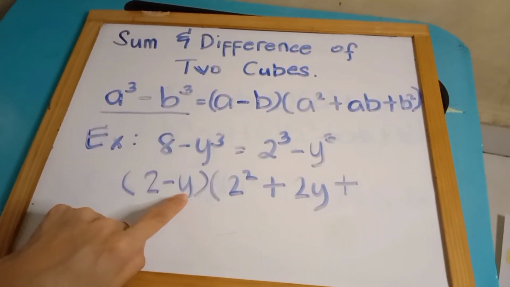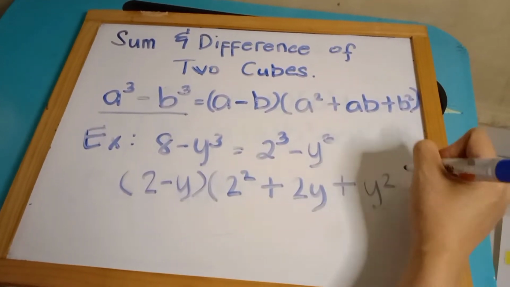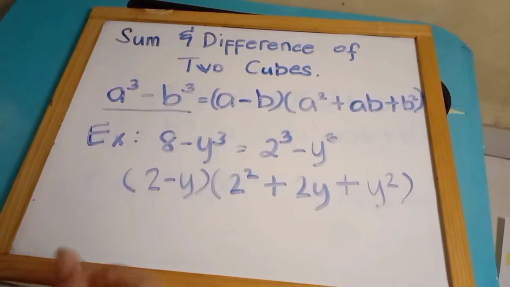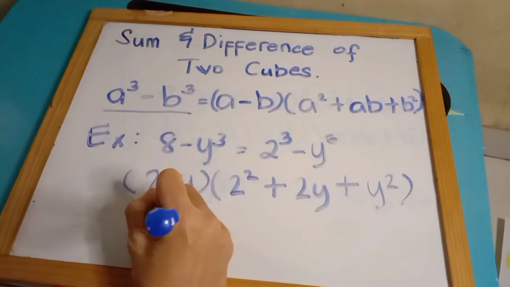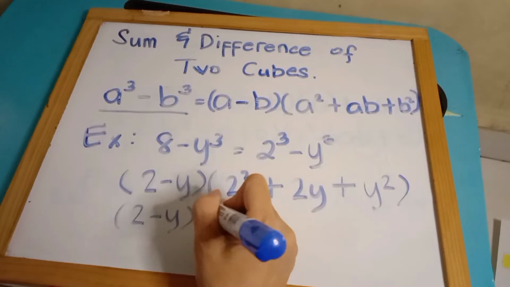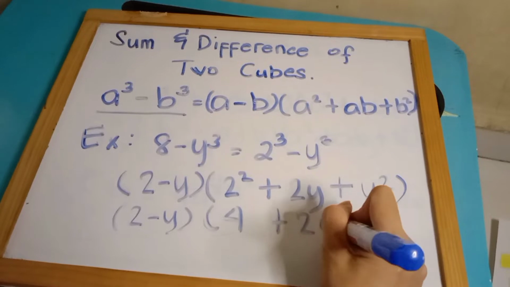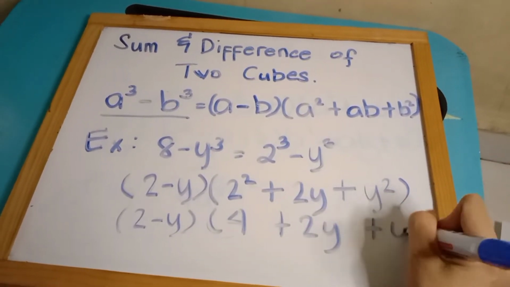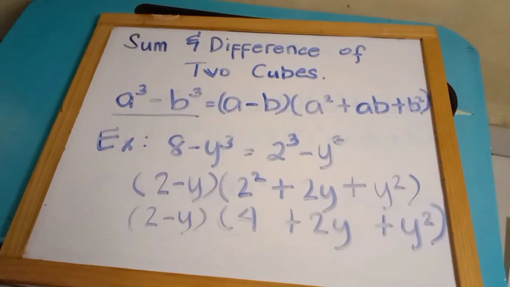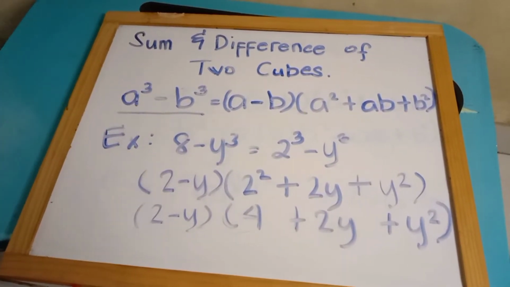The last term is y, so the square of y is y squared. So this is now our second factor. If we simplify, this will become 2 minus y times 4 plus 2y plus y squared. So this is now the factor of our given binomial.